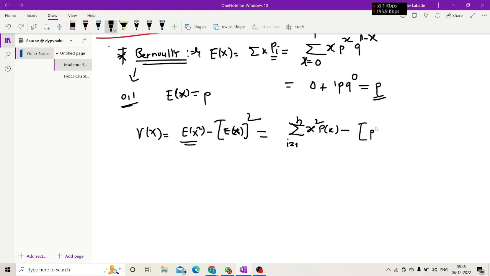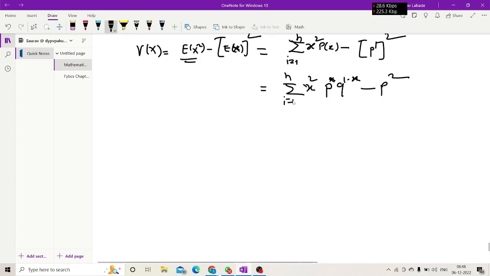Expectation of x we already calculated as p, so p squared. P of x is your probability mass function, that is p raised to x q raised to 1 minus x, minus p square as it is.